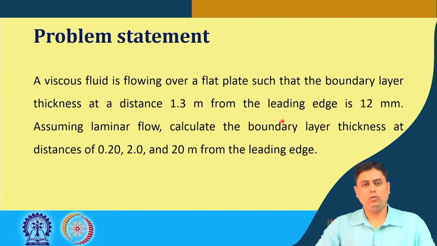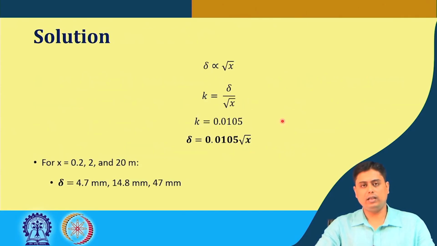For a given value, we first calculated the proportionality constant, that is, the relation between delta and root x for laminar flow, and then by replacing the values of x, we found the values of delta in these cases. Very simple problem. I hope you have understood.